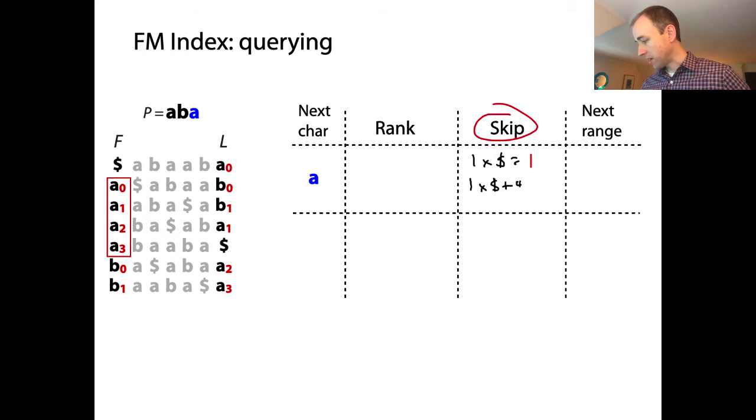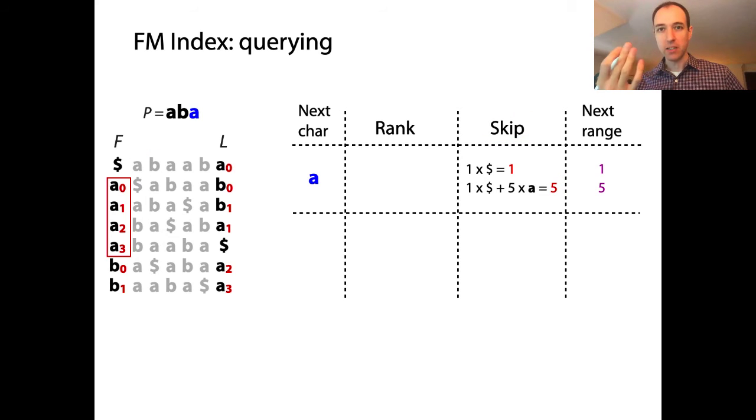So the C array is going to give me back 1 and 5 as the beginning and end of my range, corresponding exactly to this range. We could describe that range as 1, 5. So that's the initialization, where I'm taking just that shortest suffix and trying to figure out what range of rows start with that letter.